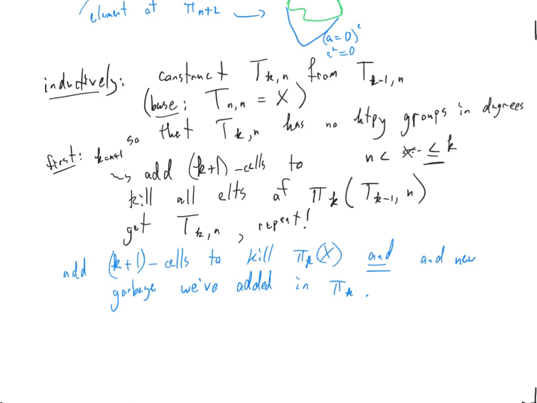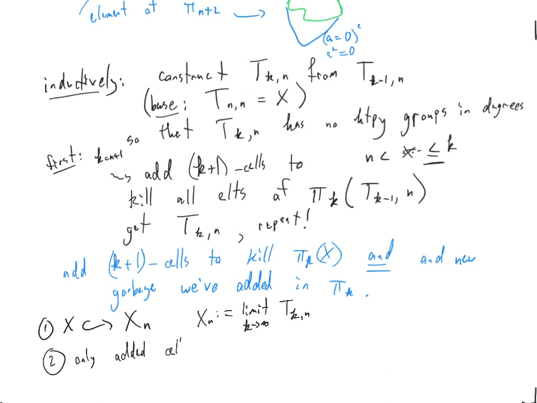So 1 is X is included into X n, and X n is defined to be this limit of the T k n's in our construction, as k goes to infinity. 2 is that we've only added cells in degrees strictly bigger than or equal to n plus 2, so we can't change the homotopy groups in degrees n and below. And 3 is by construction.